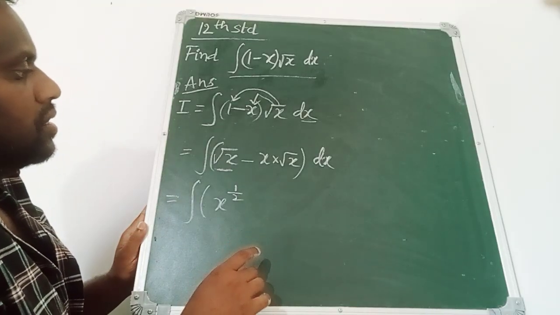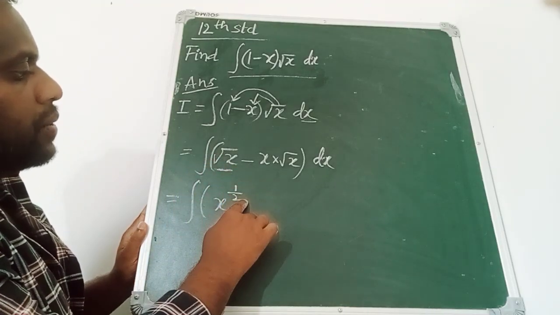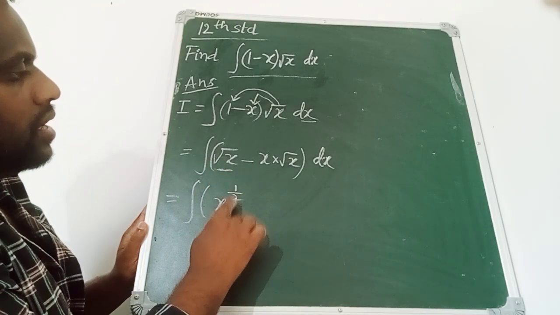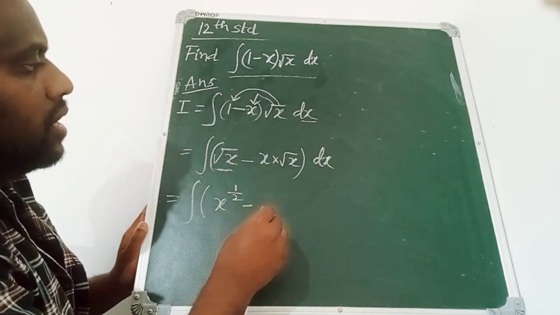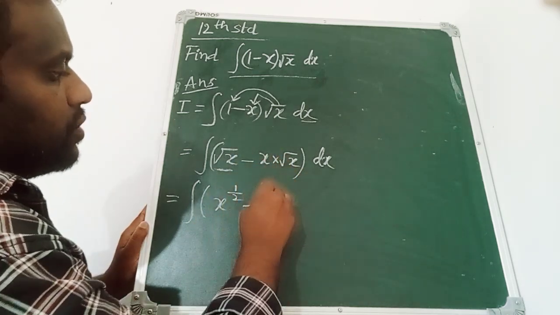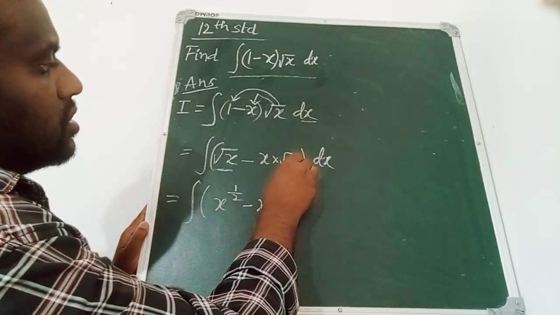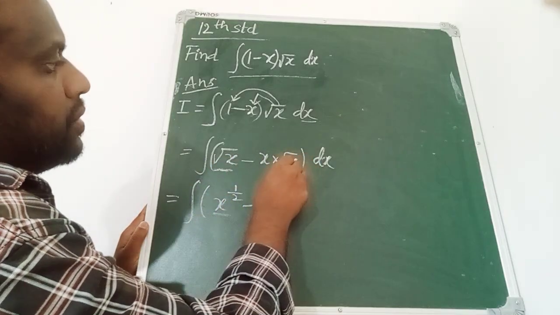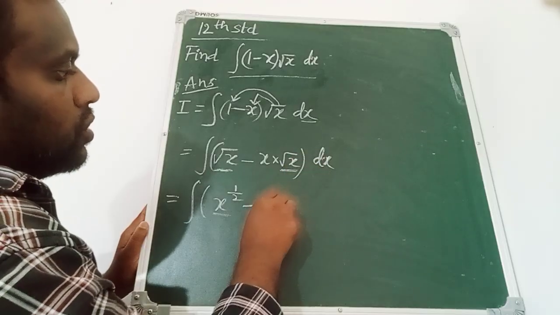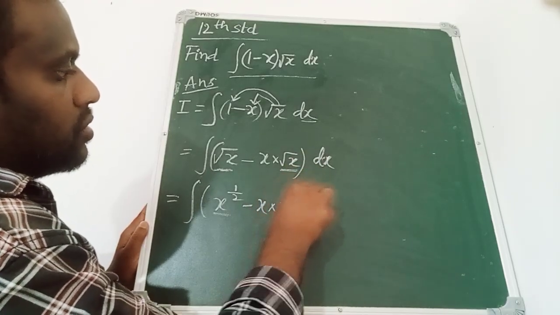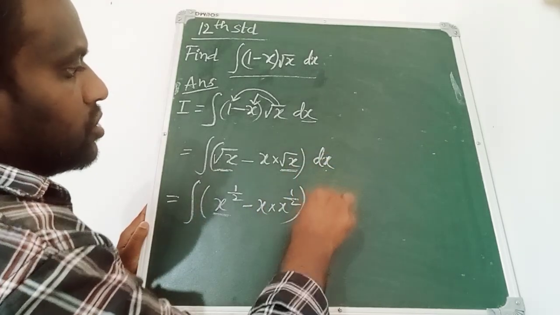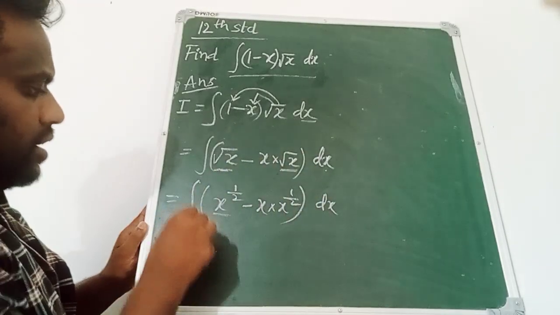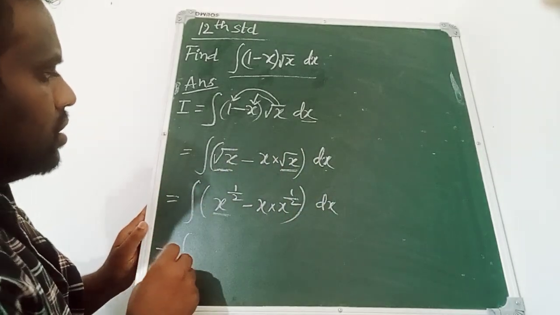Remember this. Minus. Next, the x you write as is. Similarly, root x is equal to x to the power of half. Next to dx, write the integration symbol.